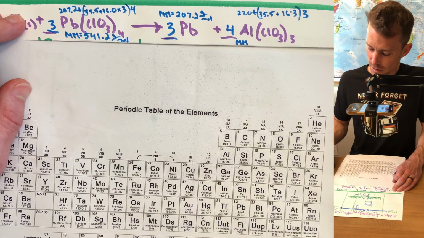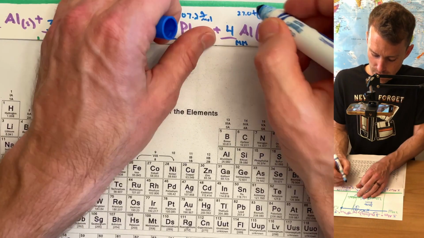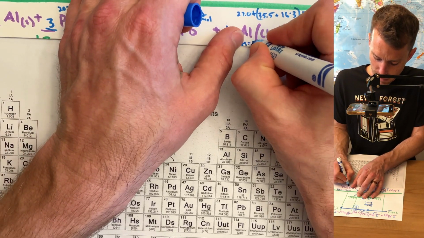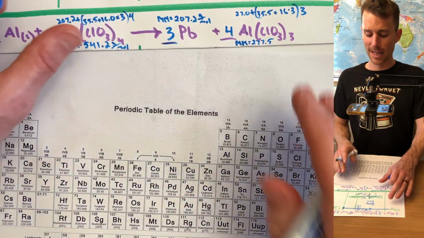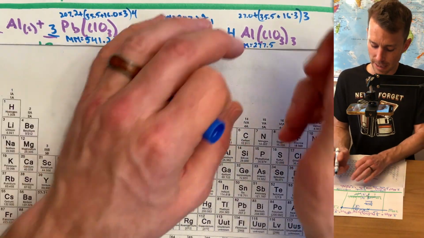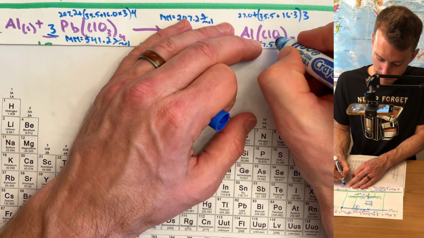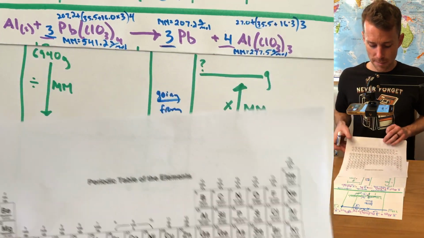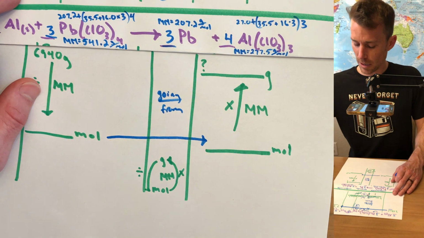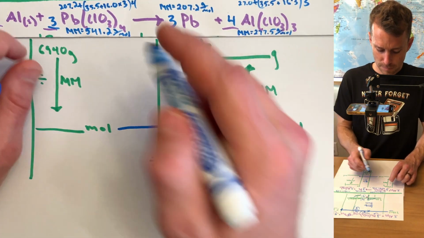277.5, and that's grams per mole. All right, we're all set up to do this problem now. Let's plug in the things that we got.